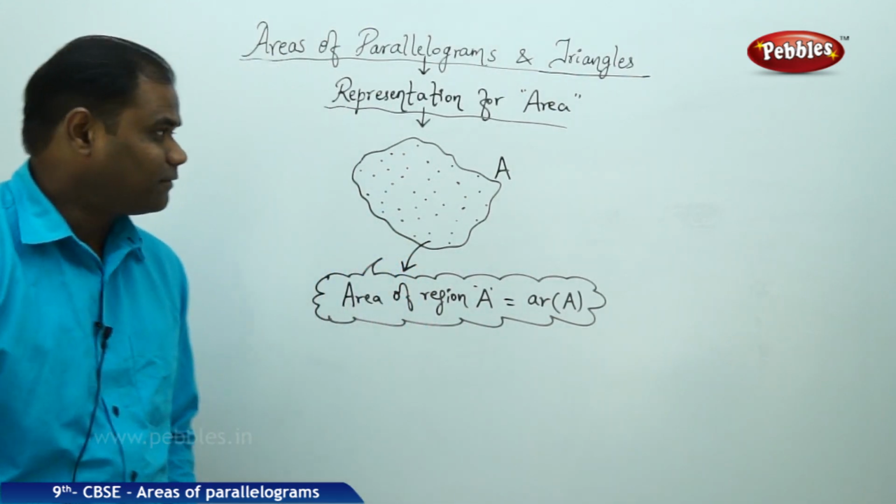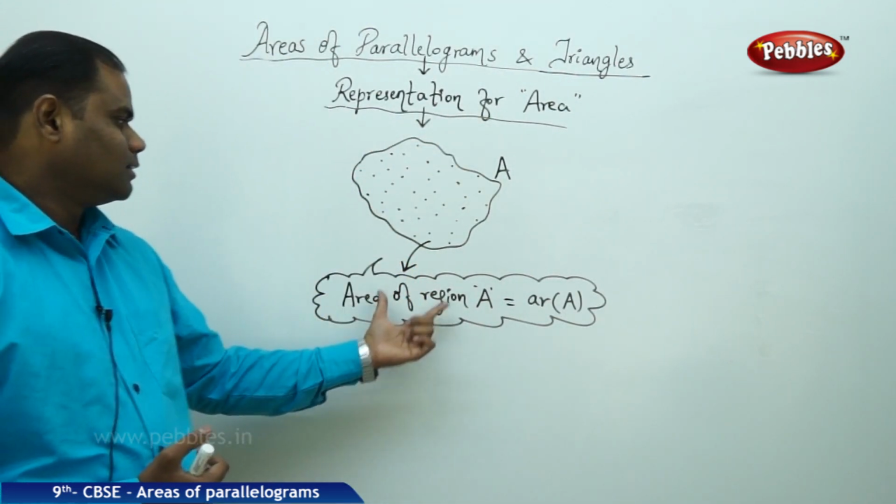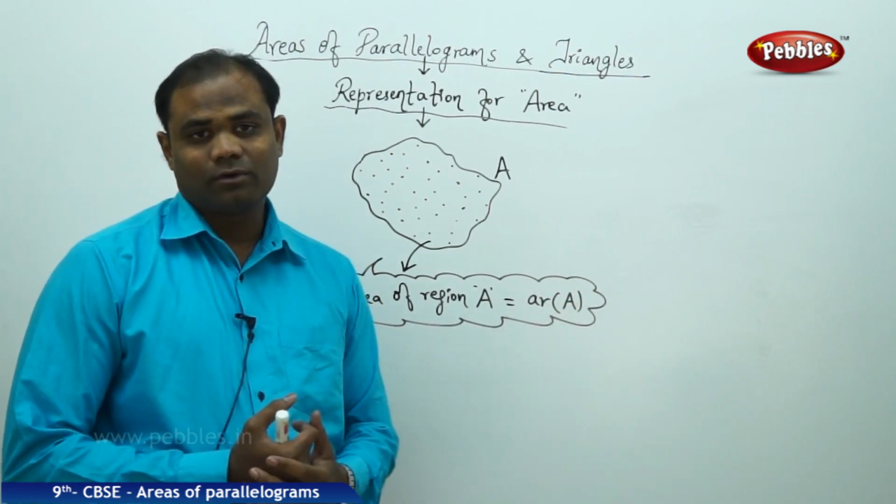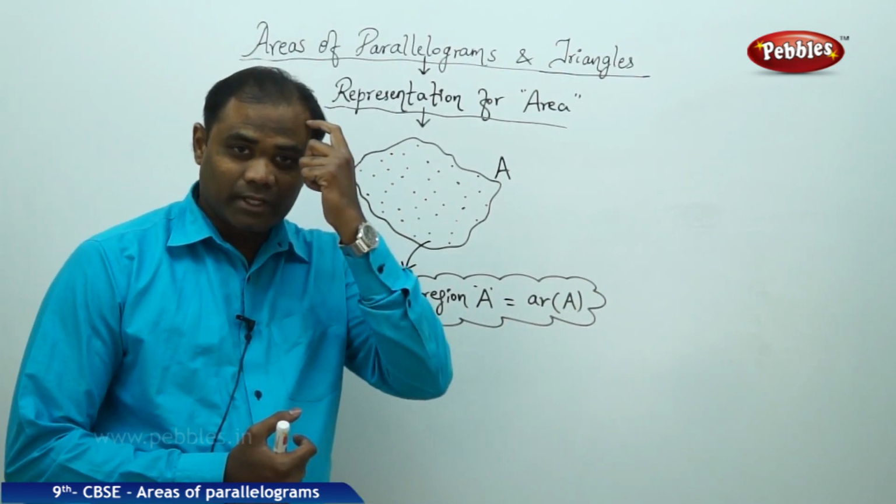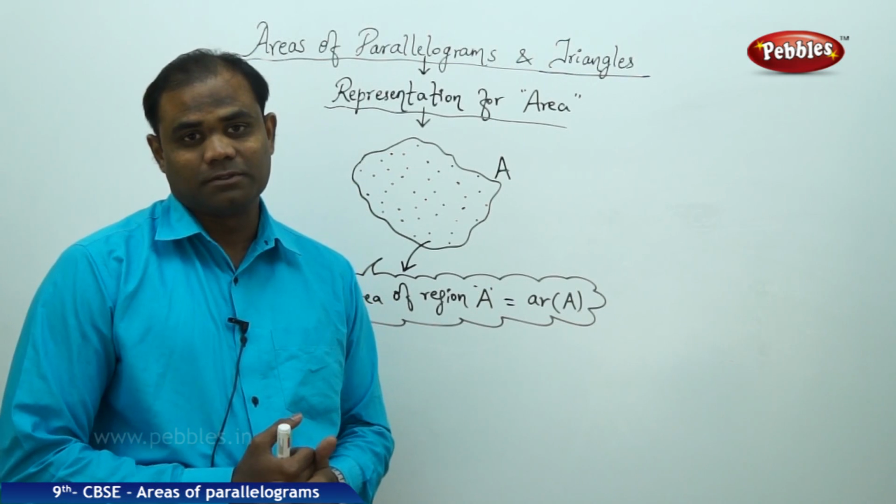Now that we have defined the representation for area for the region A being AR of A, let's see how we can connect this with congruency of two figures.